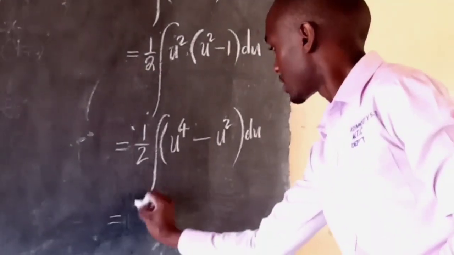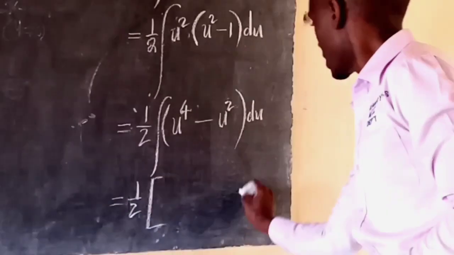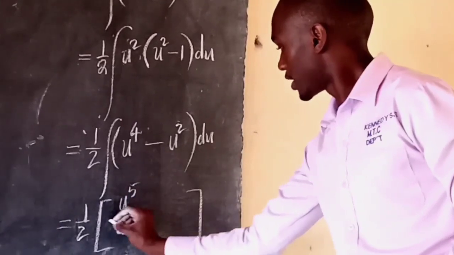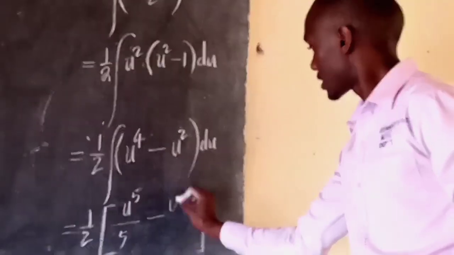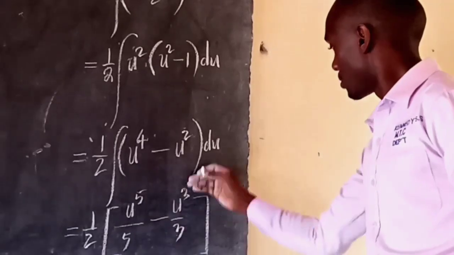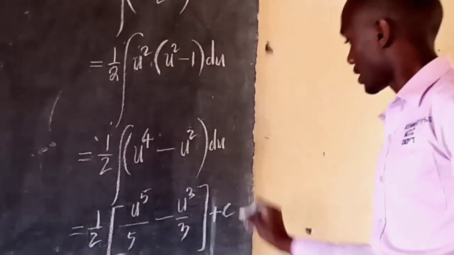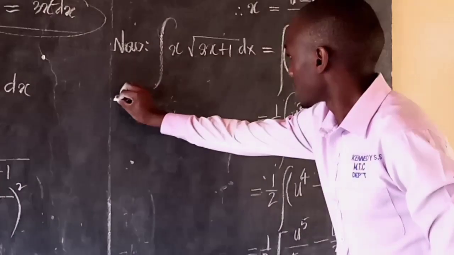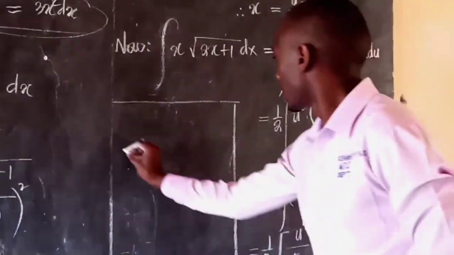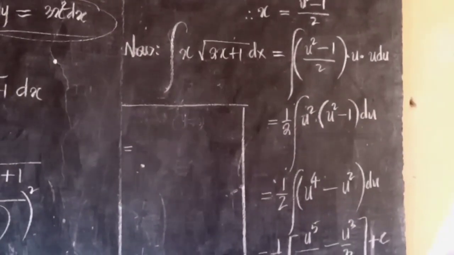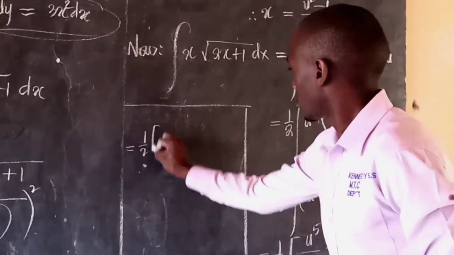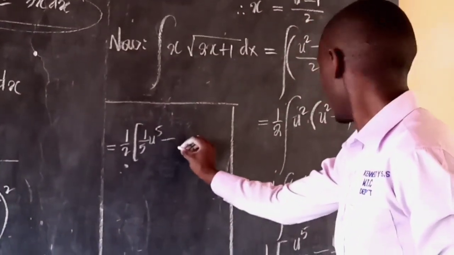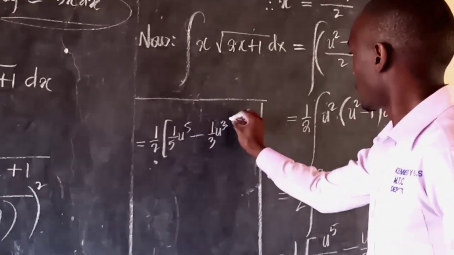And then integrate, fix a half, integrate inside. U power 4 becomes u power 5 divided by 5, minus u power 3 divided by 3, plus a constant c. That does not end there. I want to close it up from here. It becomes a half into 1 over 5 u power 5 minus 1 over 3 u cubed.